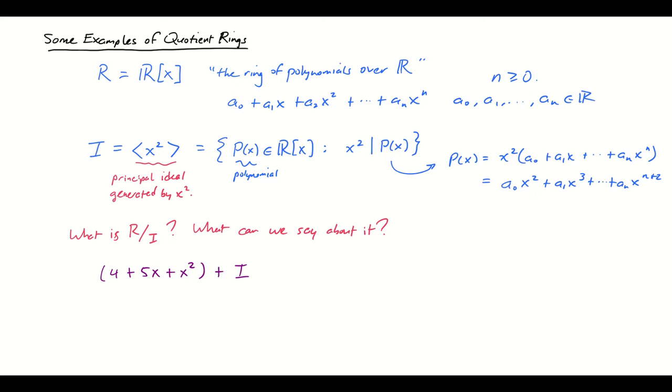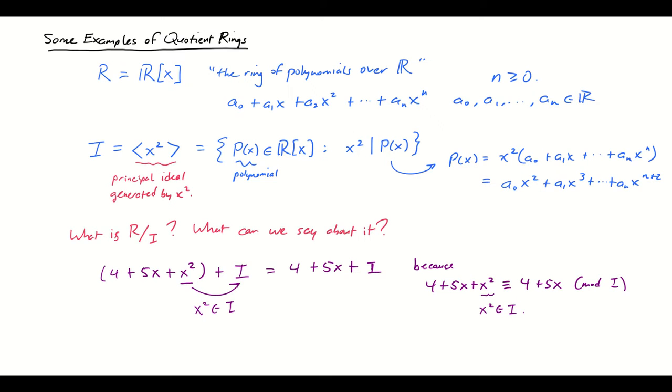One thing we're going to use here is a fact that will help us study the elements of this ring more carefully, and that is the fact that x squared belongs to I. So I can actually write this as 4 plus 5x plus I, without the x squared, because x squared belongs to I. Another way of thinking of this is that these two cosets are the same, because 4 plus 5x plus x squared is congruent to 4 plus 5x mod I. The reason that's true is because the thing being added here, x squared, belongs to the ideal.